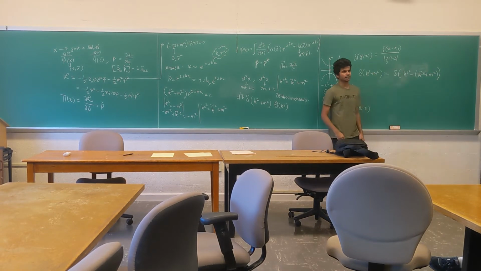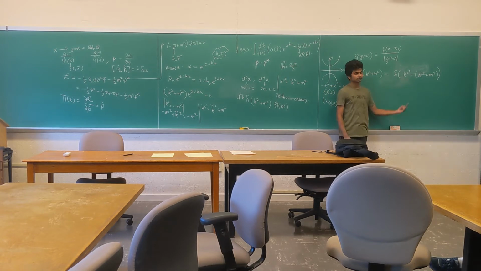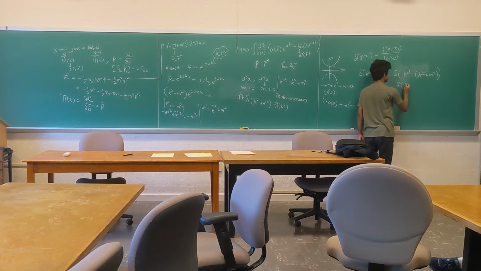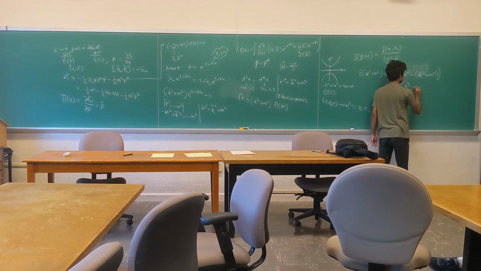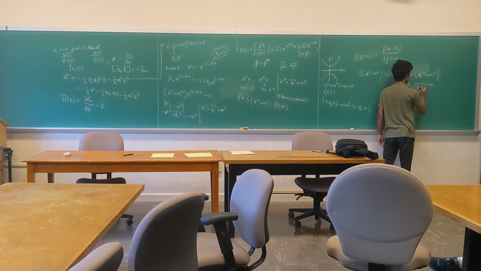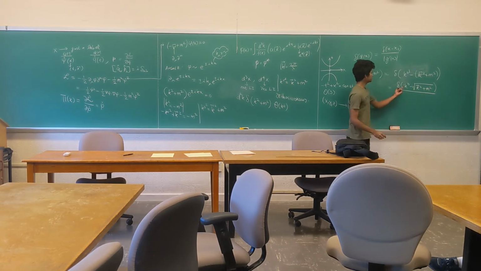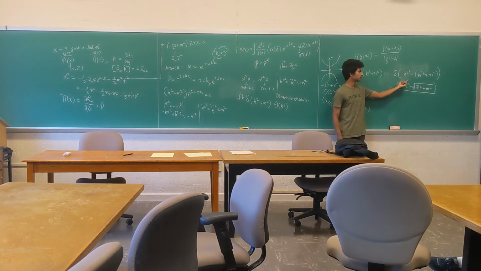I just want to get rid of the k naught. So I'm writing in terms of k naught, which now becomes divided by the derivative of this function evaluated at the root, which is square root of k squared plus m squared.